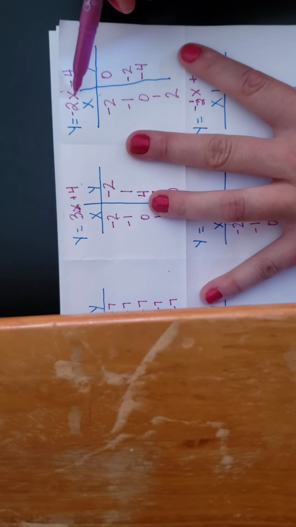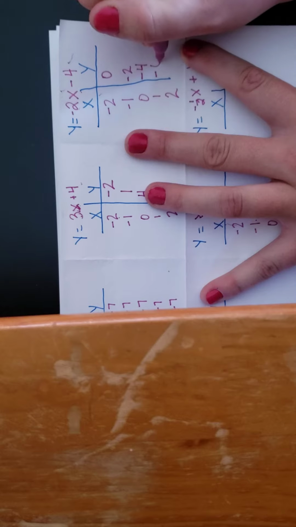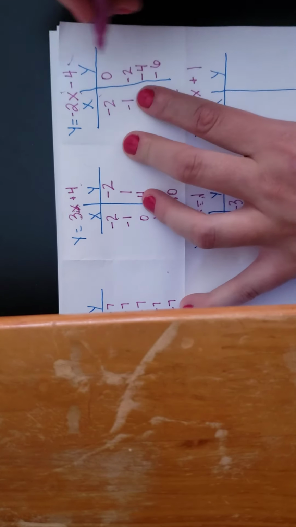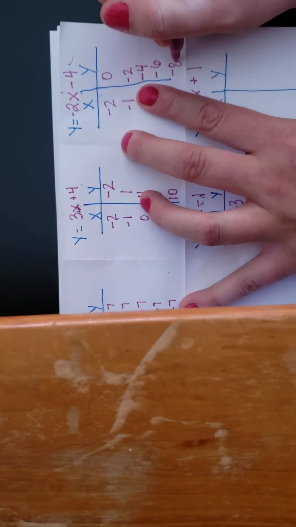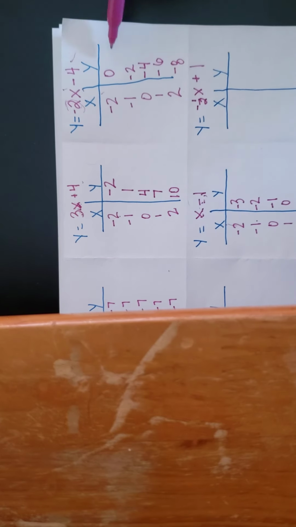Negative 2 times 1 is negative 2, minus 4 is negative 6. And negative 2 times 2 is negative 4, minus 4 is negative 8. This time, since our slope is negative 2, it tells us each time our x values go up by 1, our y value should go down by 2, which it is.